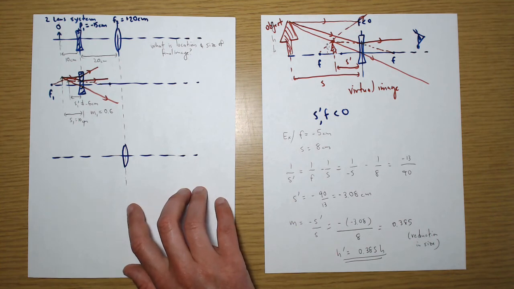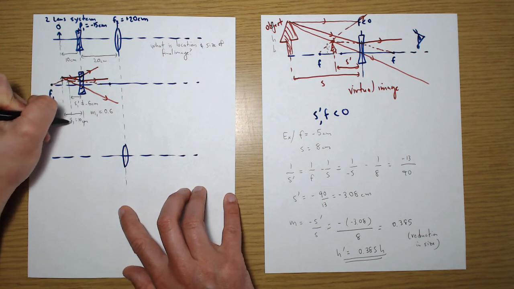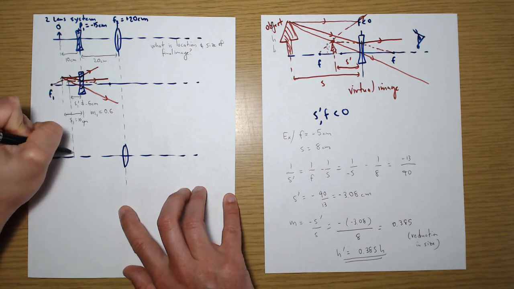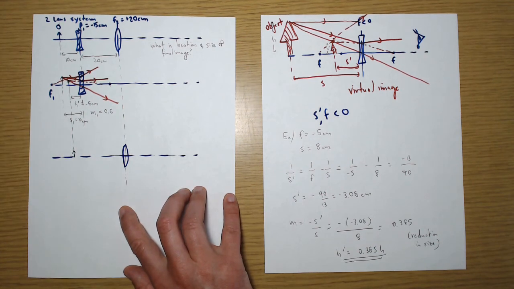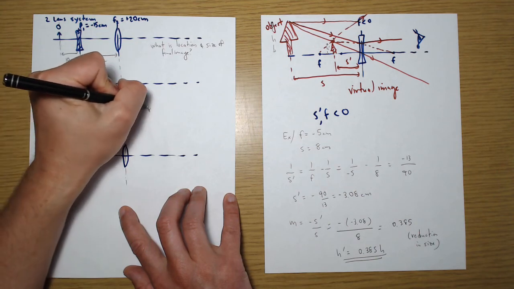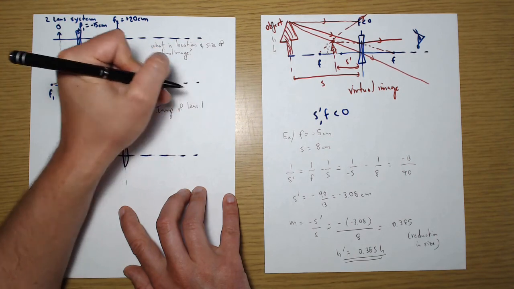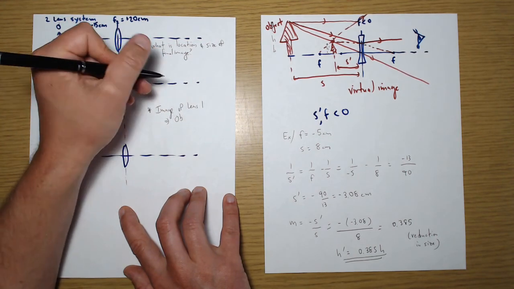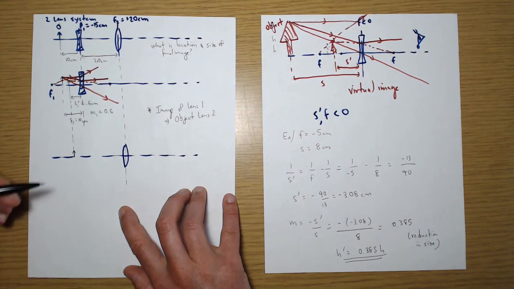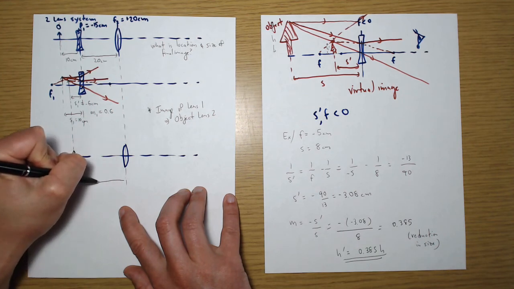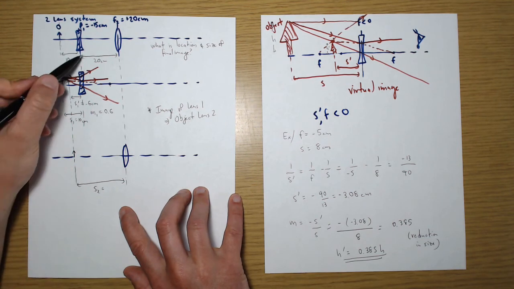And the trick here is to notice that the image, key point, the image from the first lens becomes the object for the second lens. Image of lens 1 becomes object for lens 2.